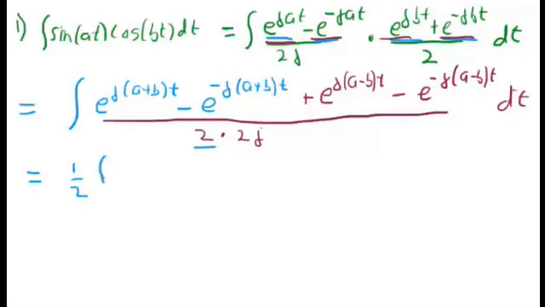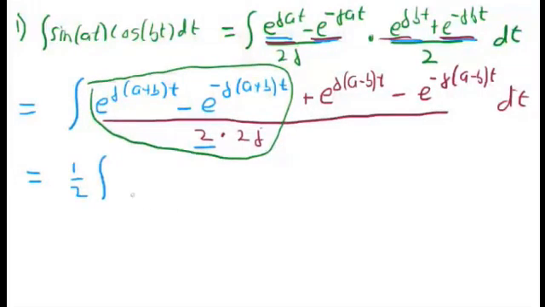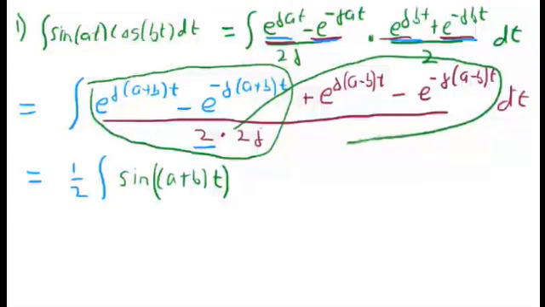Now, this term right here is just our formula for sine of a plus bt. And this term here is just the formula for sine of a minus bt dt.